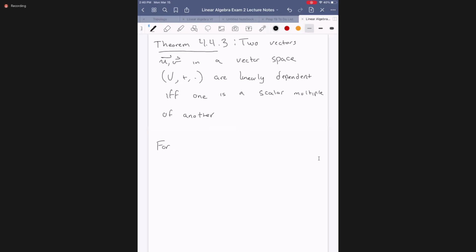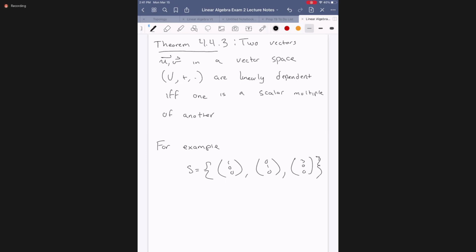So for example, let's say I give you the set S to be (1, 0, 0), (0, 1, 0), and let's say (3, 0, 0). Right now, as it is, this set is linearly dependent.